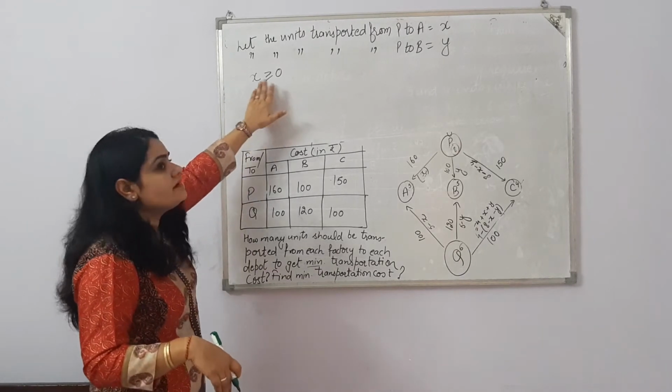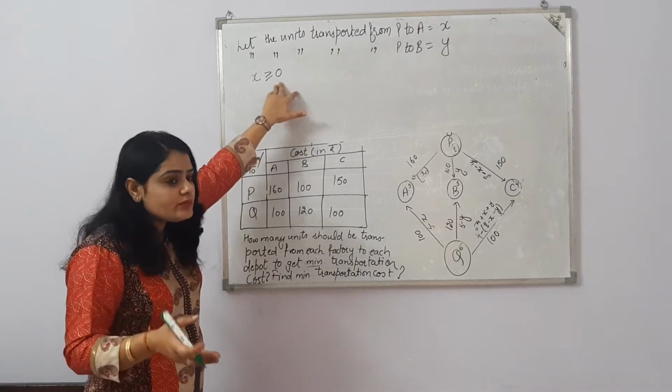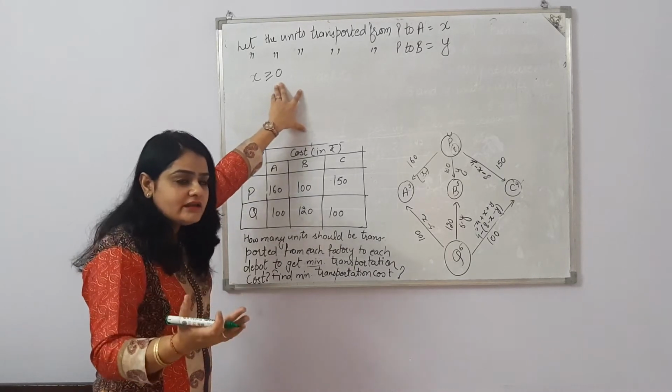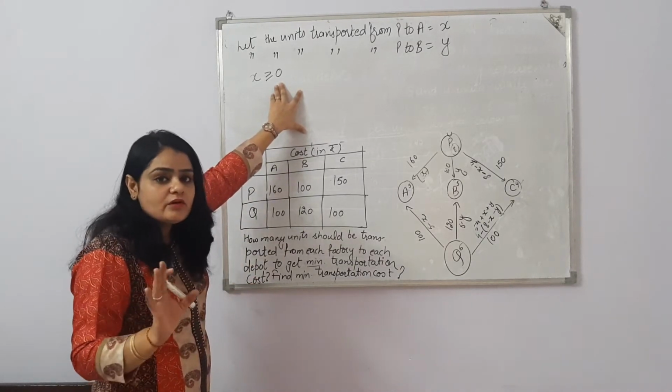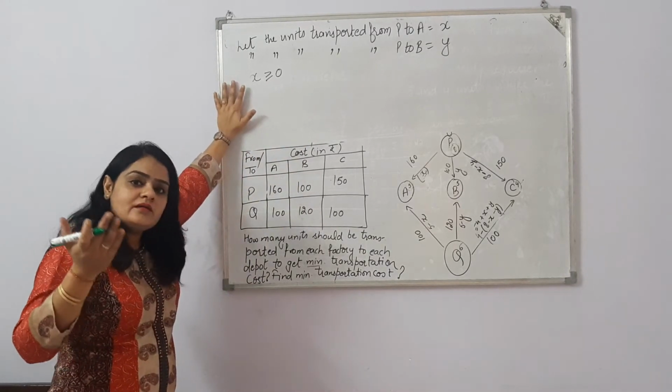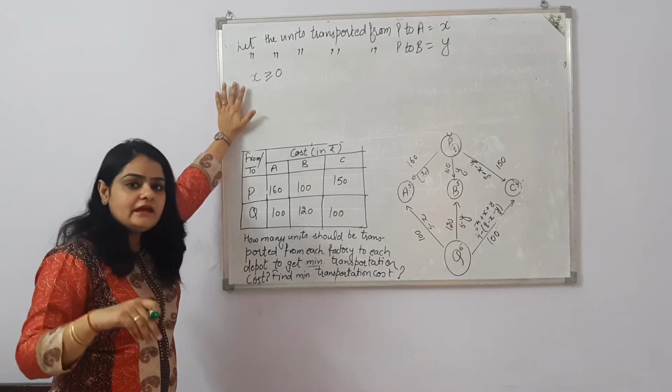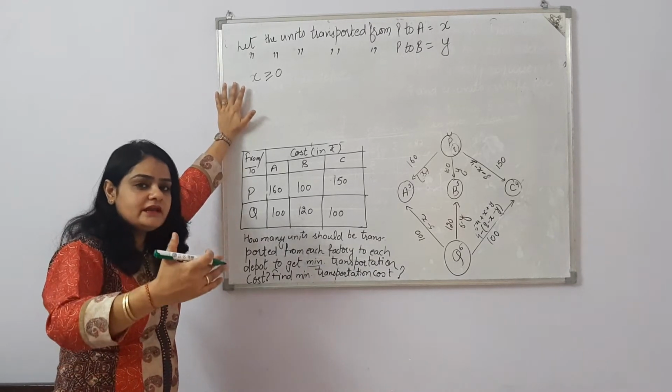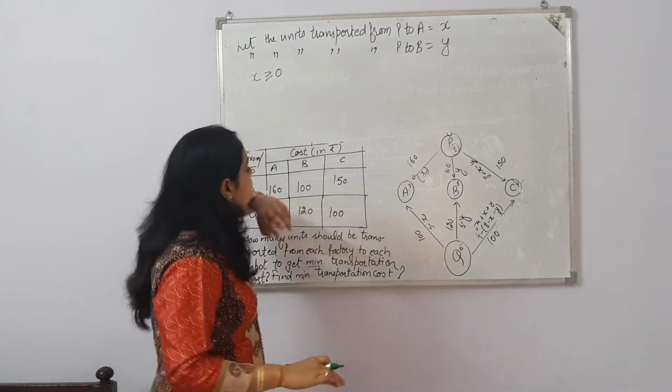Now x equals 0 means that P is not delivering any commodity to A, or greater than 0, that means he is delivering 1, 2, 3, any number of units to A.